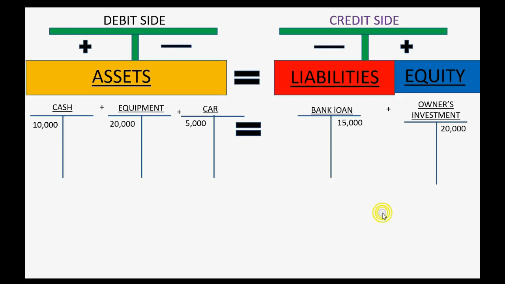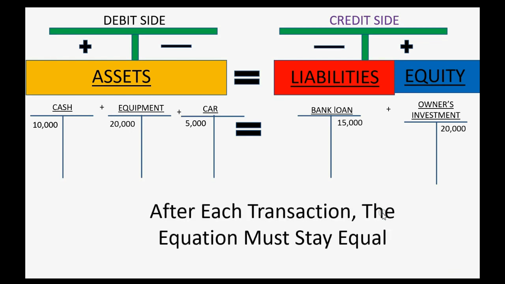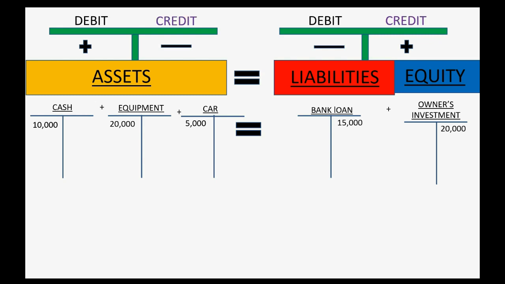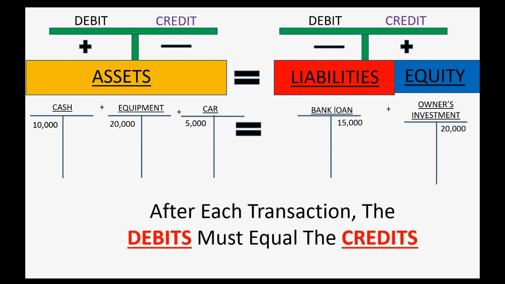And this system will work perfectly so that after each transaction, the accounting equation will stay equal, but only if after each transaction, the debits equal the credits.